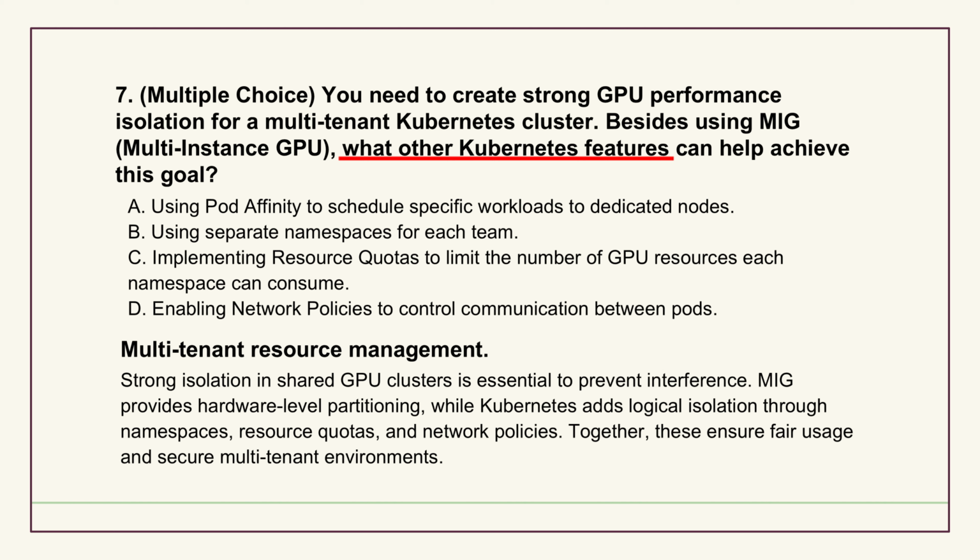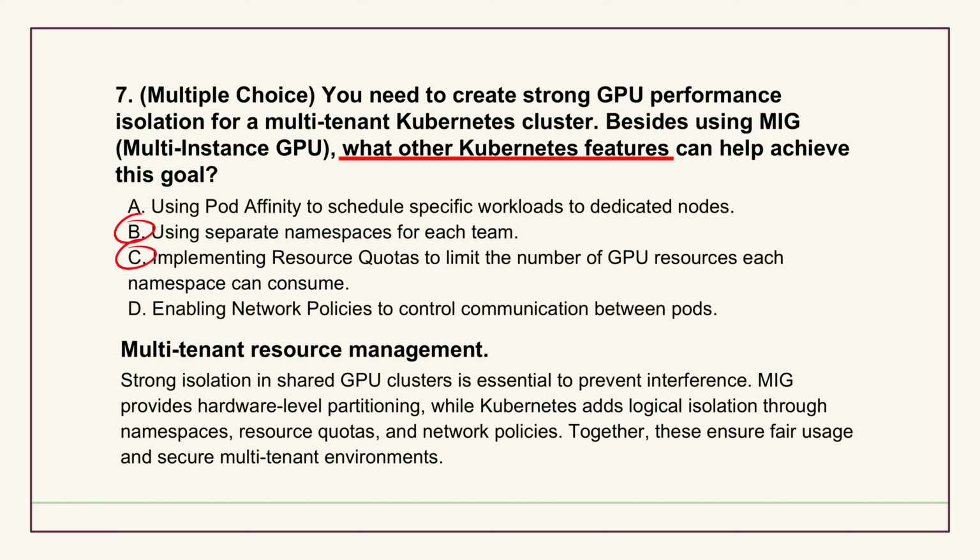Yeah, this gets into really important design patterns for making shared GPU environments secure, stable, and efficient. Beyond MIG, you definitely want a multi-layered software approach. First, using separate namespaces for each team or tenant, that's foundational. It logically isolates things, prevents accidental interference, makes management easier. Second, you need to implement resource quotas to limit the number of GPU resources each namespace can actually consume.